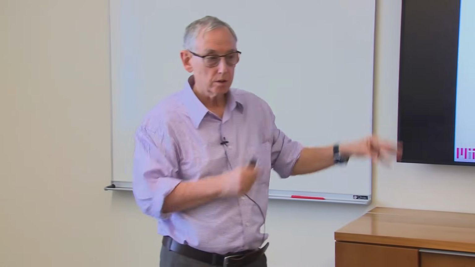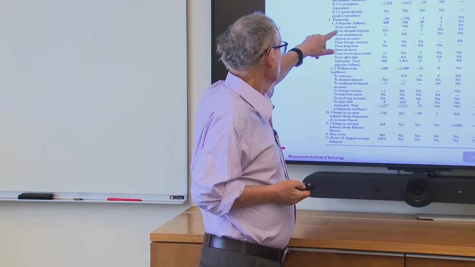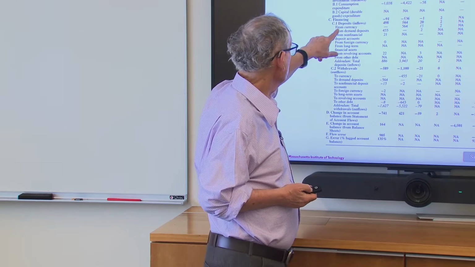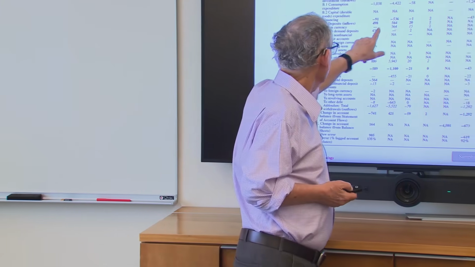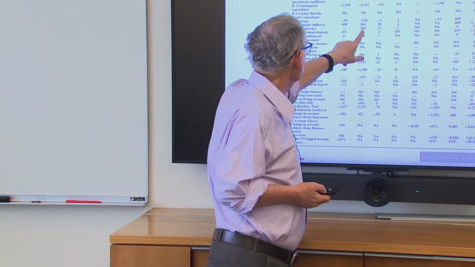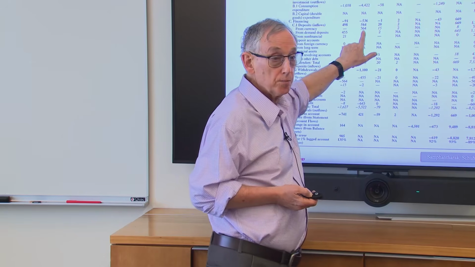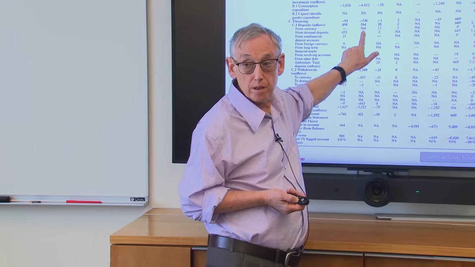Multiple accounts for a given household, for example. And you can see from currency, so for example, this is off the diagonal from currency into a demand deposit. That's a deposit of cash into the bank.